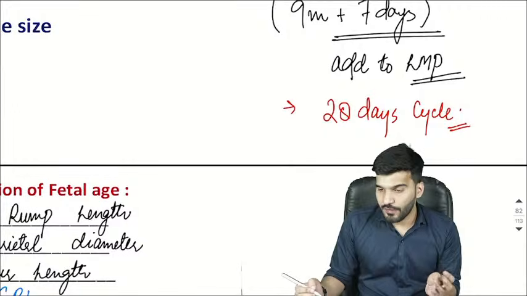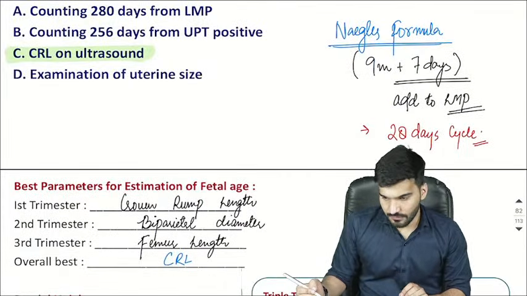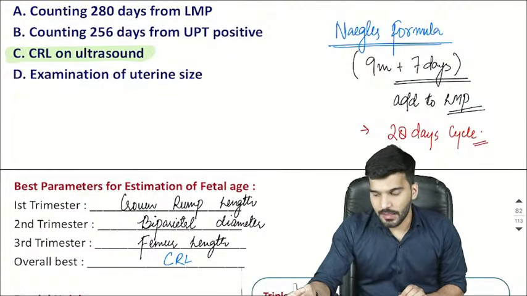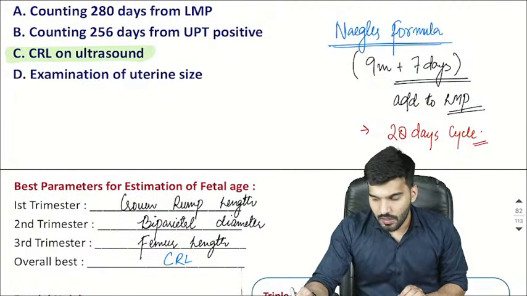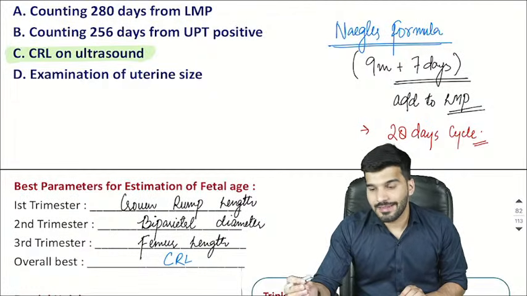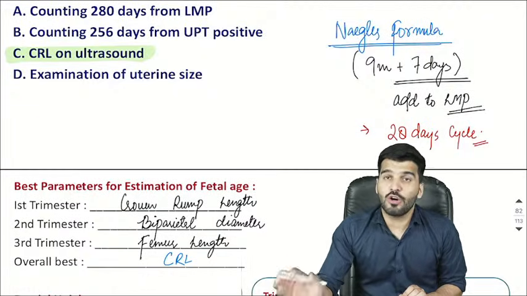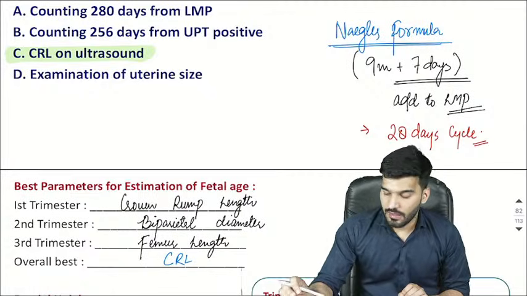So we go 15 plus 7. Yes, write down in the chat box. April, May, June, July, August, September, October, November, and December. So 15th of December, it's going to be 9 months. Then add on the 7 days, it's going to be 22nd of December EDD. Clear?